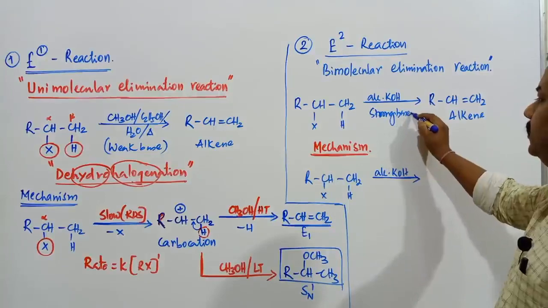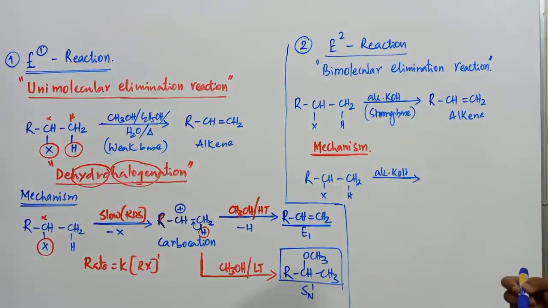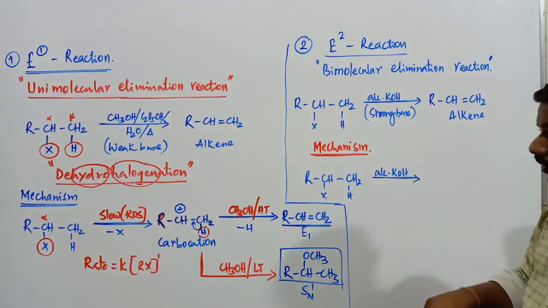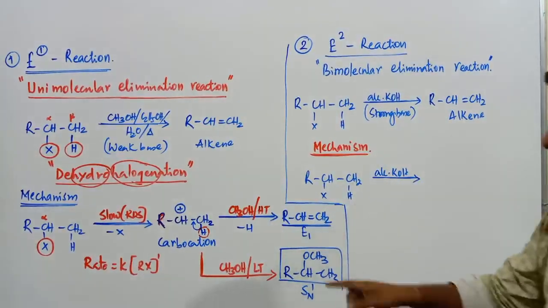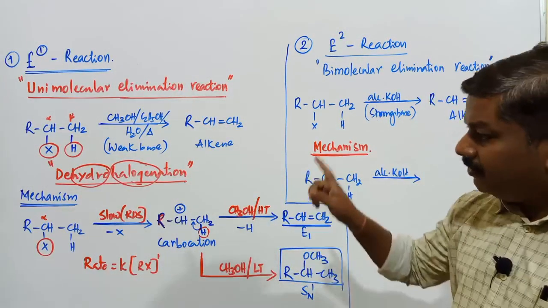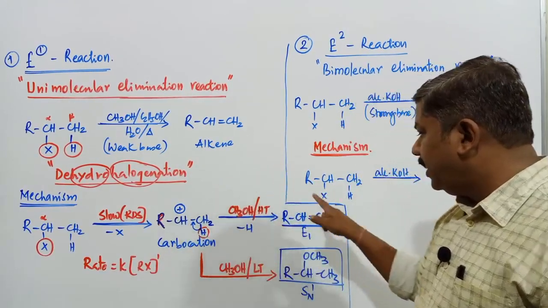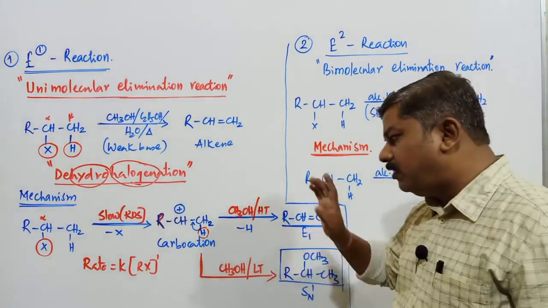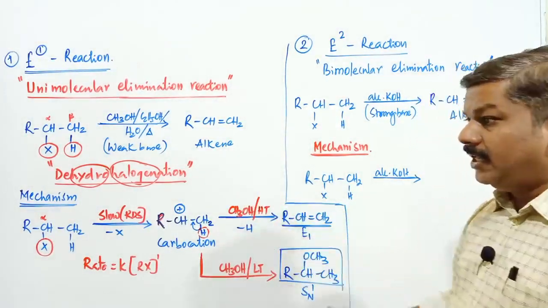So when this same alkyl halide is treated with a strong base like alcoholic KOH, elimination of hydrogen as well as halogen takes place simultaneously. But in case of E1 reaction, first elimination of halogen takes place to form the carbocation. Further, the carbocation gets converted into alkene by the elimination of hydrogen. So elimination of halogen and hydrogen takes place in different steps.